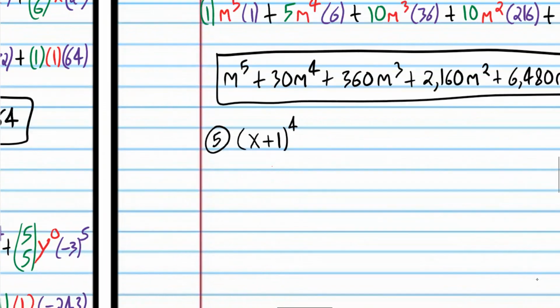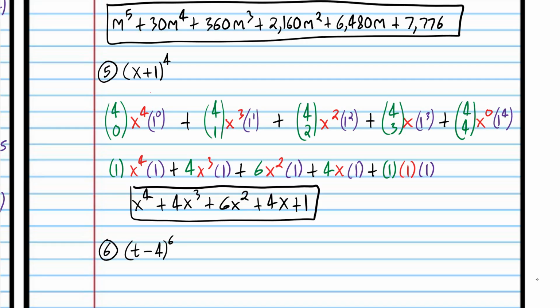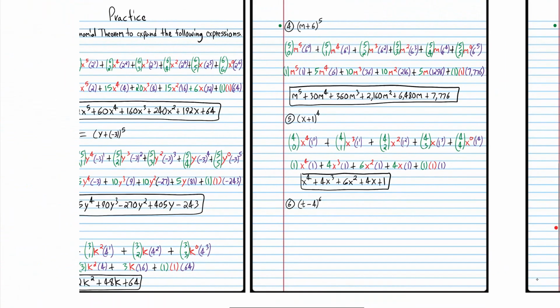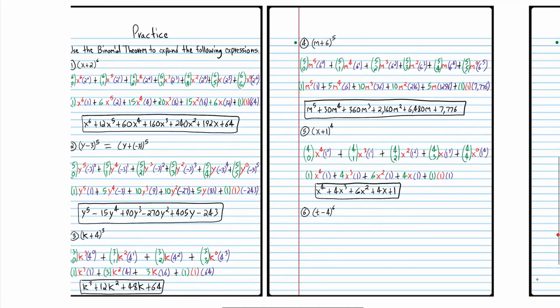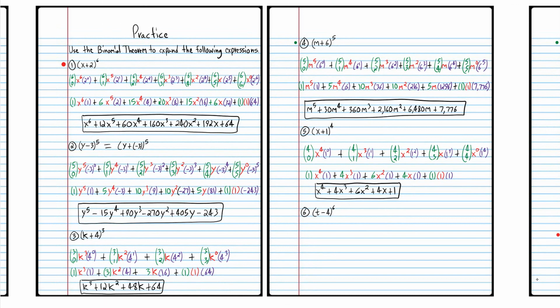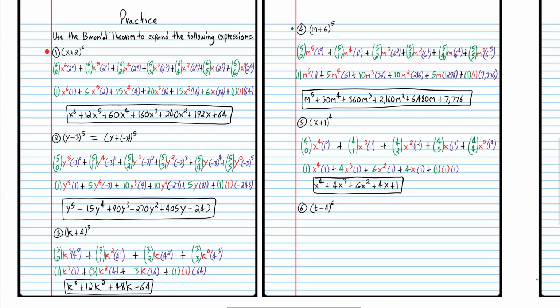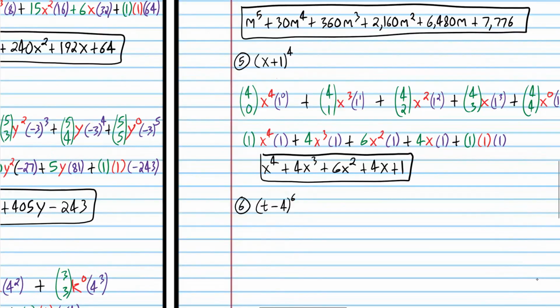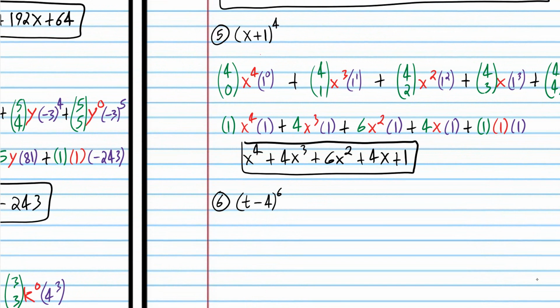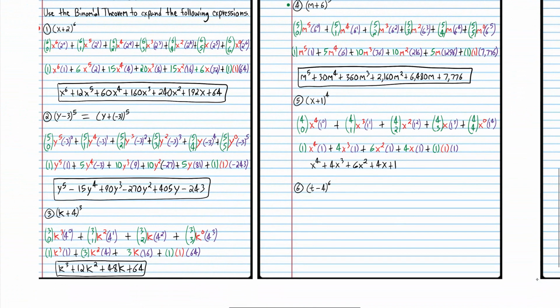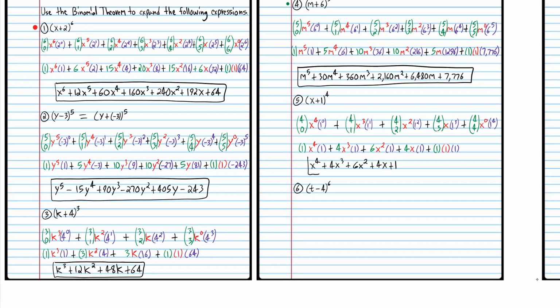Okay, we're back. So if you got that right, excellent. Okay, so on number 6, you have a t minus 4. So you're going to have to use problem number 2 to help you as a reference.